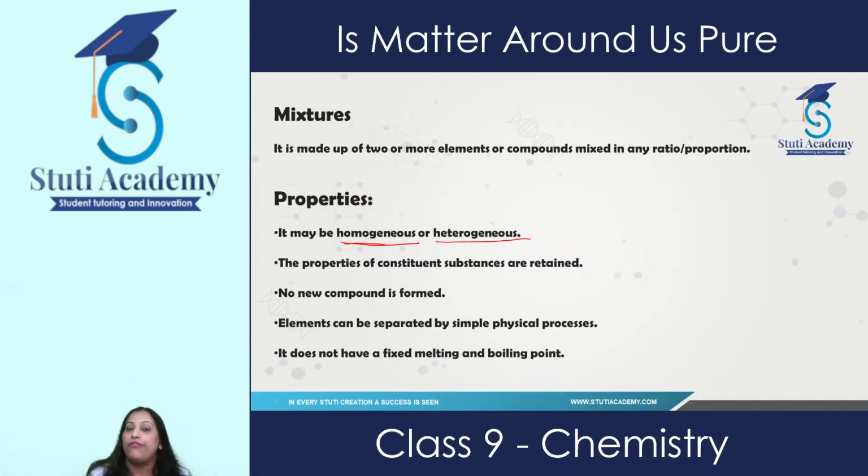So it's a homogeneous mixture. Another example of a homogeneous mixture is air. Now comes the heterogeneous mixture. Heterogeneous mixtures are those in which the boundaries of the components present in them are clearly visible. For example, oil and water. When you mix oil and water together, the boundaries are clearly visible. So these are examples of homogeneous and heterogeneous mixtures.